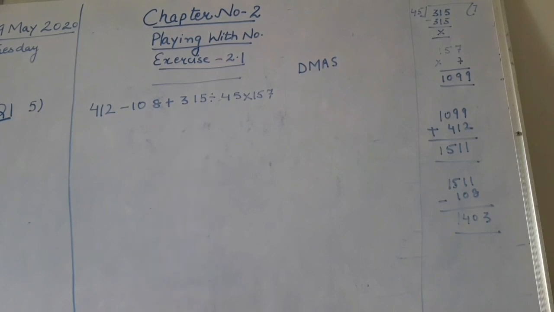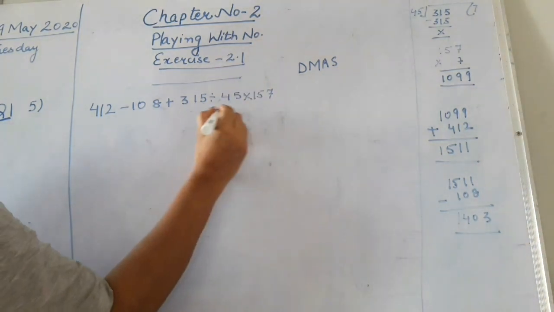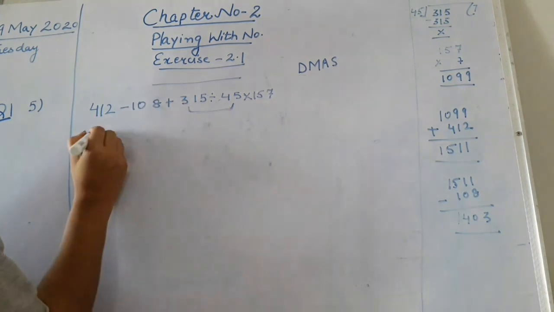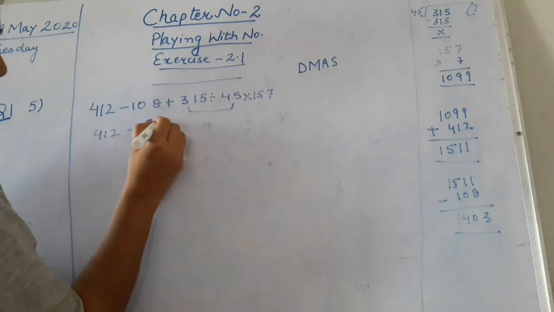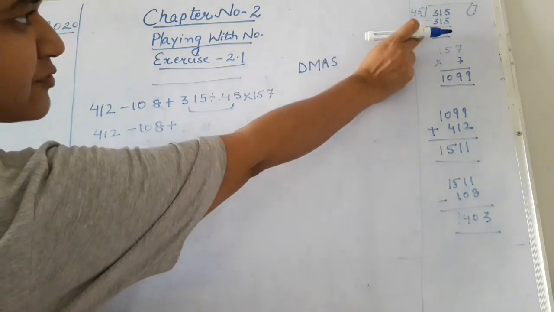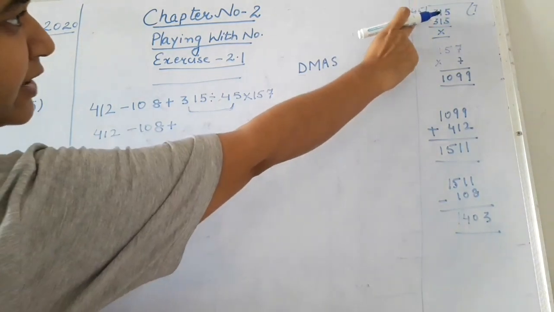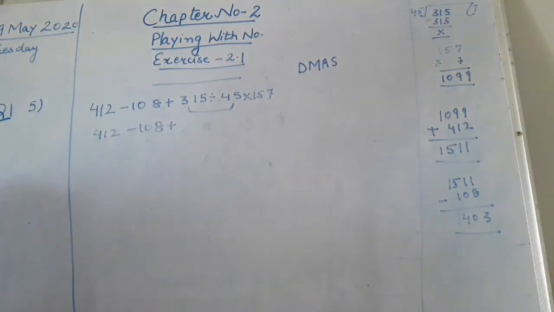Now let us solve question number 1, fifth part, that is 412 minus 108 plus 315 divided by 45 multiplied by 157. According to DMAS, what will you solve first? Yes, you will solve your division. On dividing 315 by 45 I get my answer as 7.